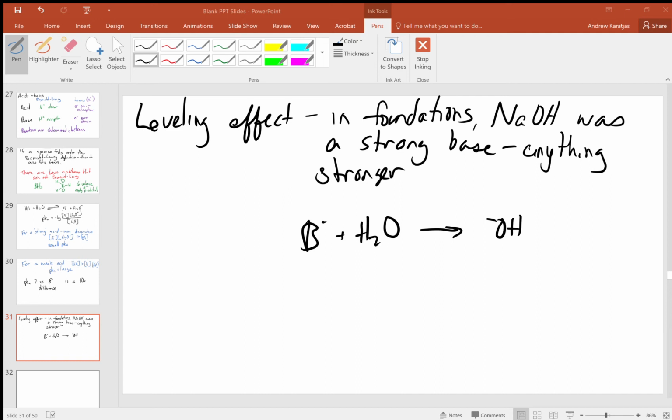But that's one of the things that makes organic chemistry very different. In organic chemistry, we use many solvents that aren't water, and many solvents that are much less reactive than water. So it's entirely possible that you could talk to someone who's an organic chemist and they tell you that sodium hydroxide is a weak base, and 2 minutes later you talk to an analytical chemist who, in their field, everything they do works in water, and they tell you sodium hydroxide is a strong base.